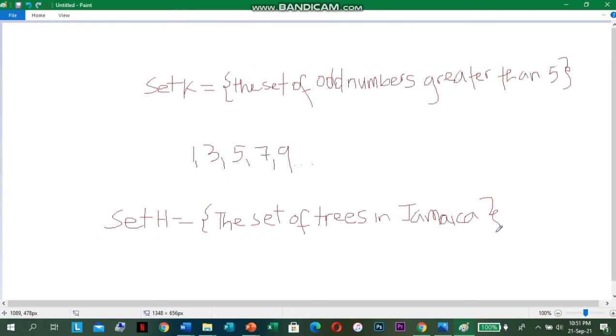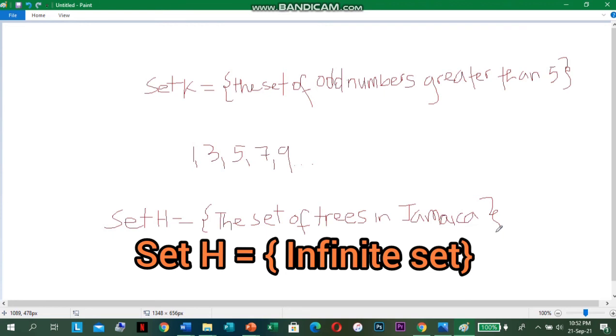Is that finite or infinite? Oh yes, it's infinite. Can we count the set of trees in Jamaica? No, we can't. That is too many to count, so therefore it is infinite.